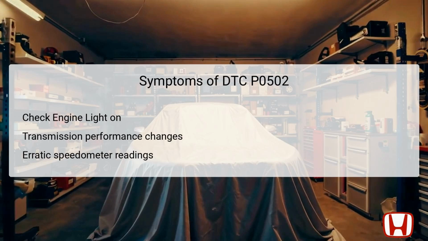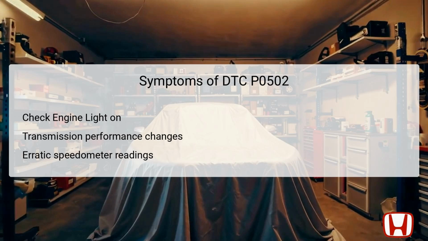When DTC P0502 is triggered, you may notice several symptoms that can indicate an underlying issue. One common symptom is the illumination of the check engine light on your dashboard, alerting you to potential problems in the vehicle's electronic systems.